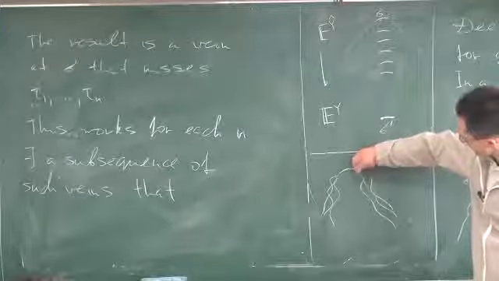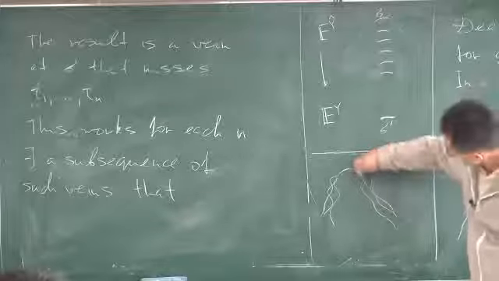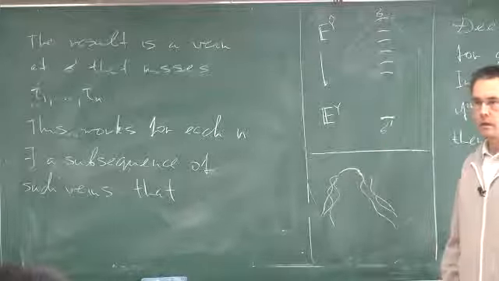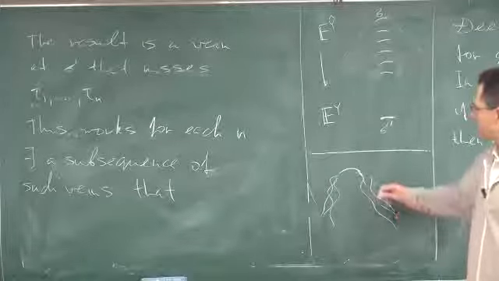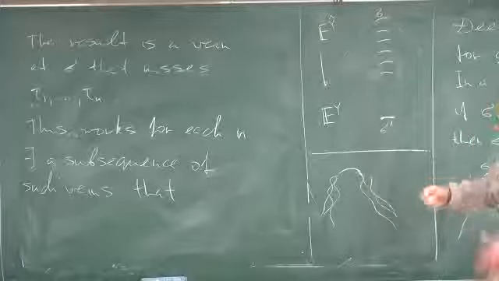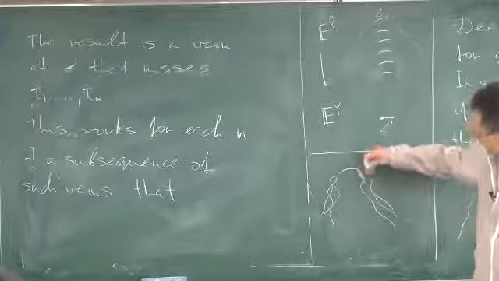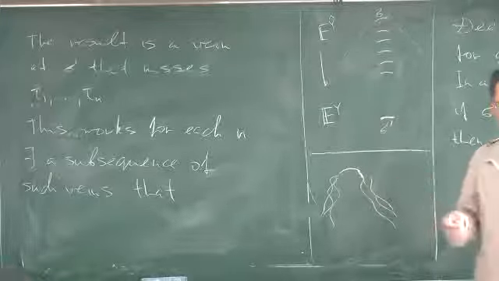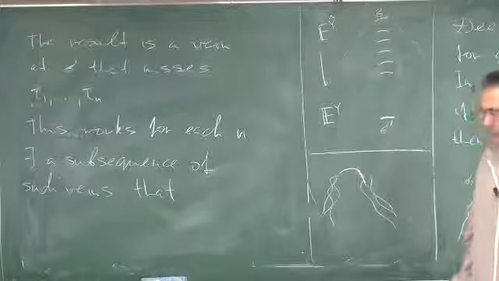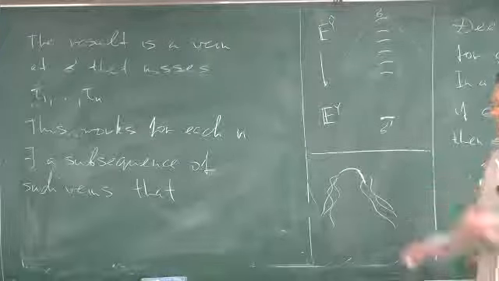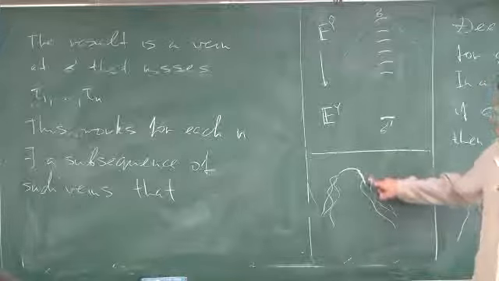But since it's locally finite, out of those infinitely many veins, most of them will go through some edge here. There is a subsequence of this infinite sequence such that the subsequence of veins goes through just one edge here. But then from this edge, there are only finitely many edges branching out. Again, you pick a subsequence. There is at least one edge through which infinitely many veins pass, right?